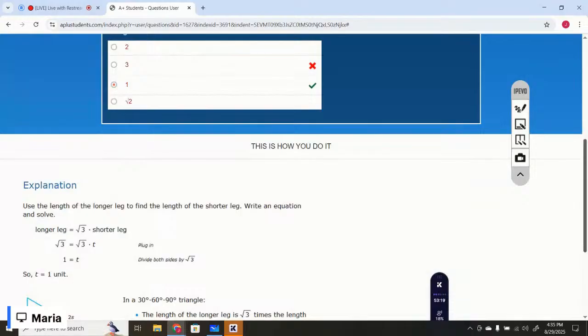Oh, we need to find the longer length. That is t equals 1.